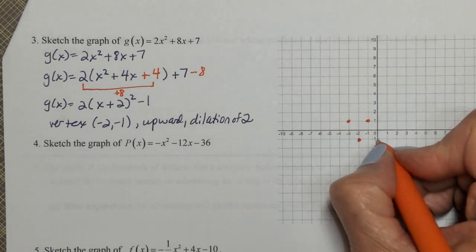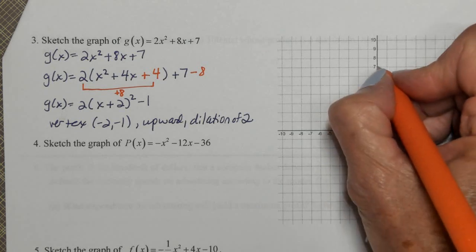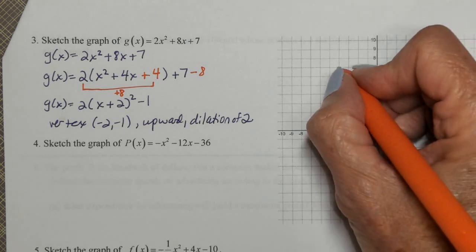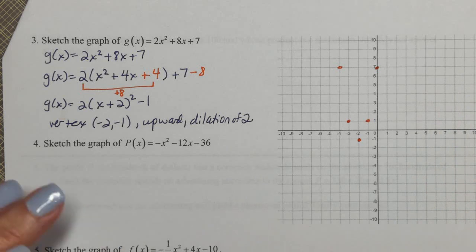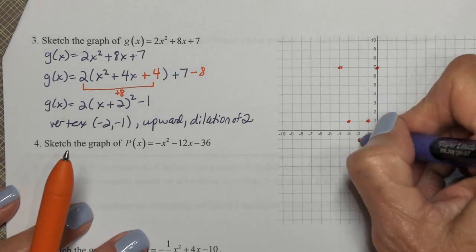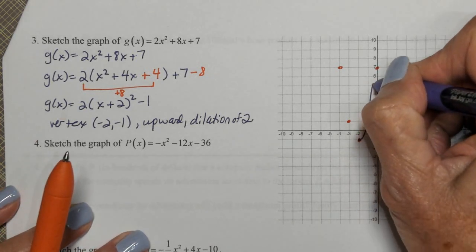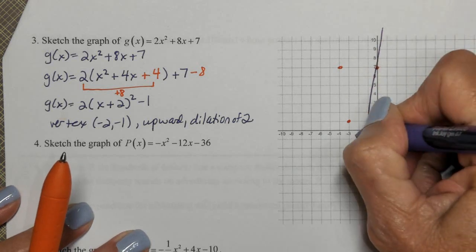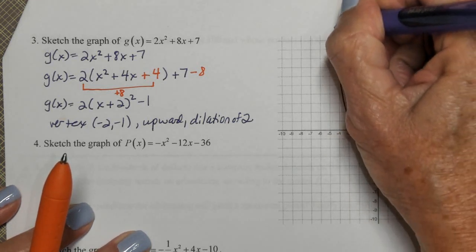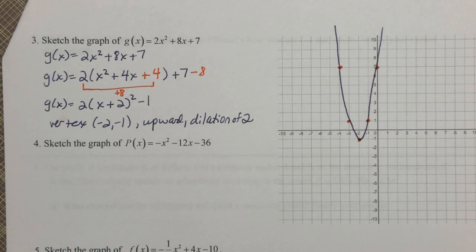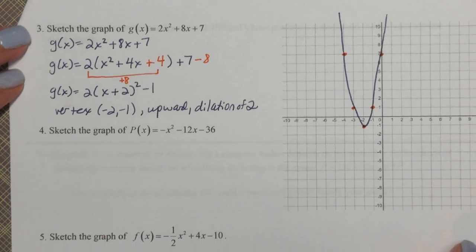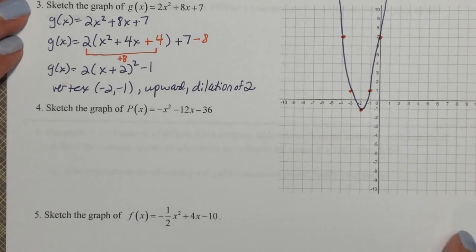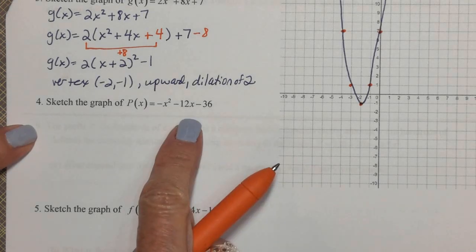Over 2, usually I would go up 4, but now I'm going to go up 8. So I'm going to go up 8 on both sides, and that will be my skinny, vertically stretched parabola. Okay, what about this one?